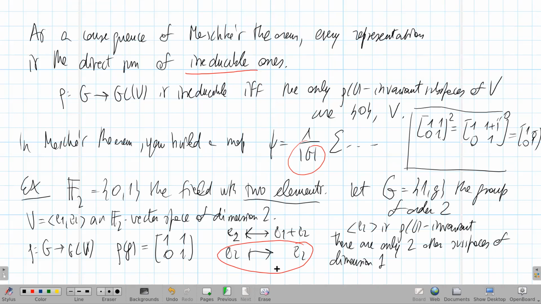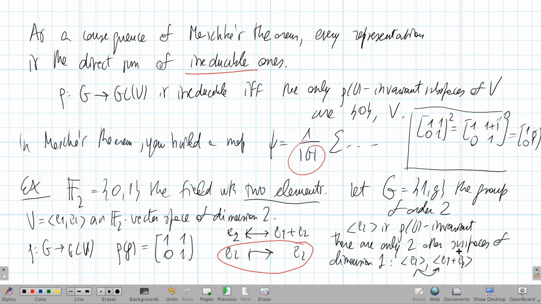Of course, I mean, the whole space has dimension 2. This is dimension 1. So if there is a complement, a subspace which makes a direct sum with this, it has to be also dimension 1. 1 plus 1 is 2. And these subspaces are generated by E2 and by E1 plus E2, okay? And you see, we just saw that rho of G exchanges the two, okay? So that there is no other rho(G) invariant subspace.